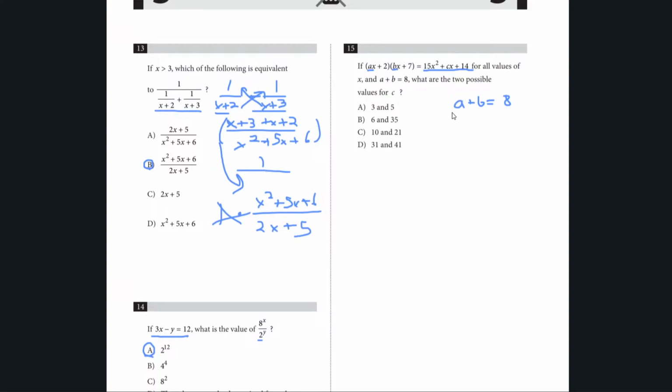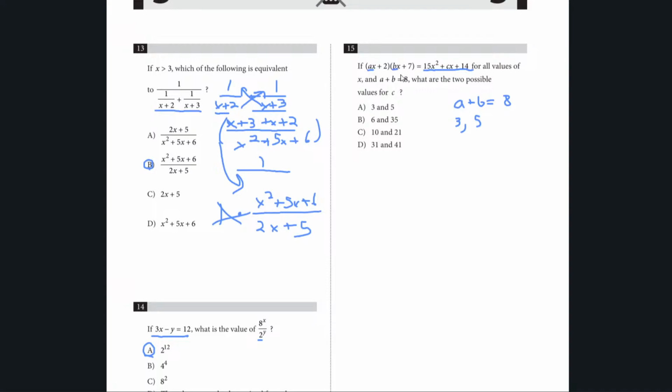The only 2 numbers that can give us that for a and b are 3 and 5. So a could be 3 and b could be 5, or b could be 3 and a could be 5. Could go either way. So there's 2 possible options here for c.